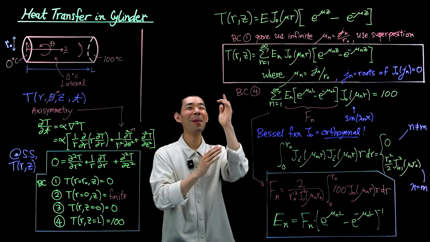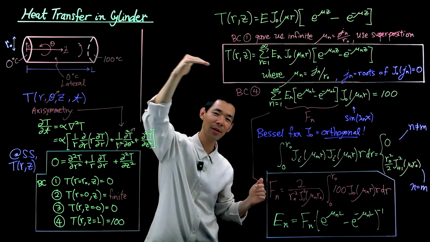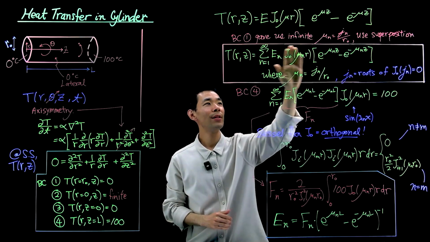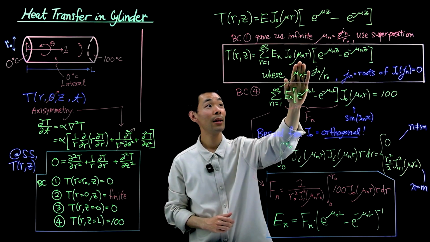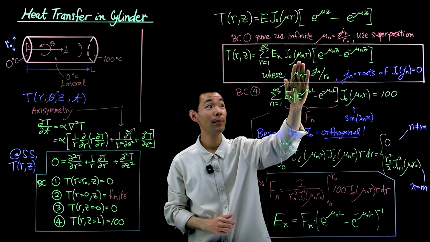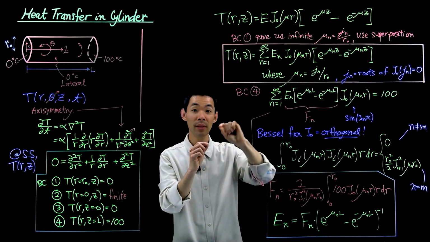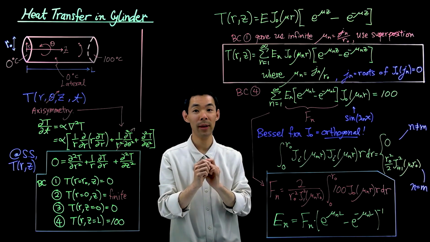So temperature is a function of the radial coordinate r, axial coordinate z. It's a function of this Bessel's function j0, which has an argument of the eigenvalues mu n. Mu n are the roots of the Bessel's j0 that goes back and forth, that you obtain numerically.